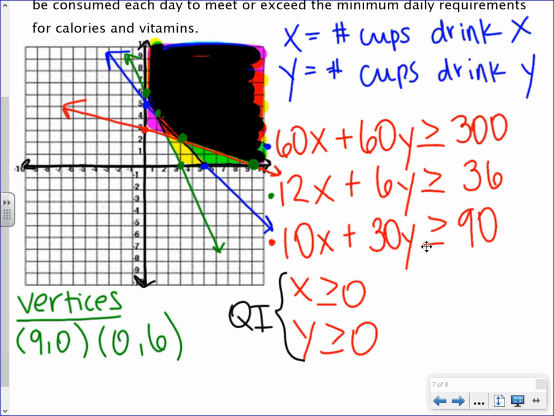This is the intersection between the red and the blue line. It looks kind of like it's 3, 2. Okay? If you think that it is 3, 2, then let's check it. Here is red and here is blue. 60 times 3 plus 60 times 2. What is it? 300.